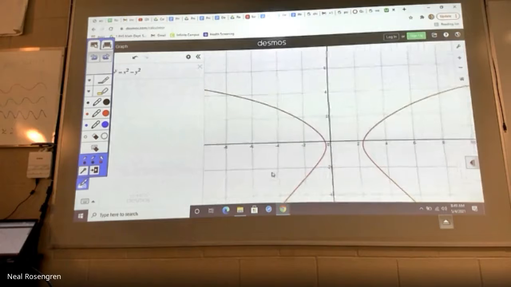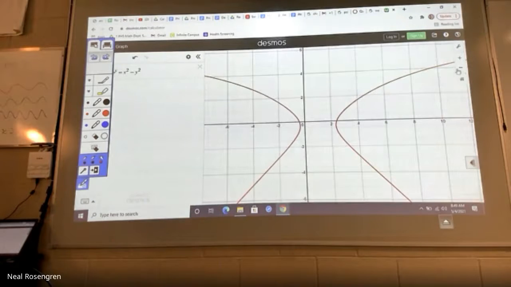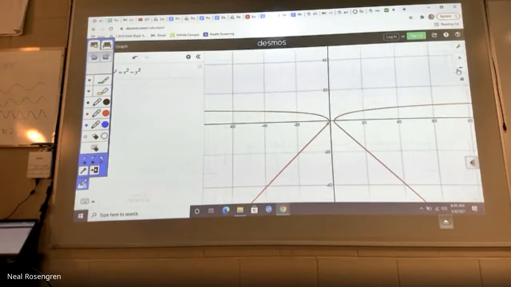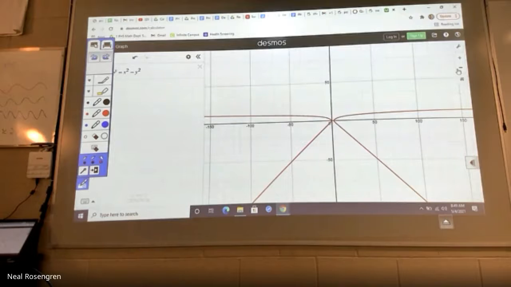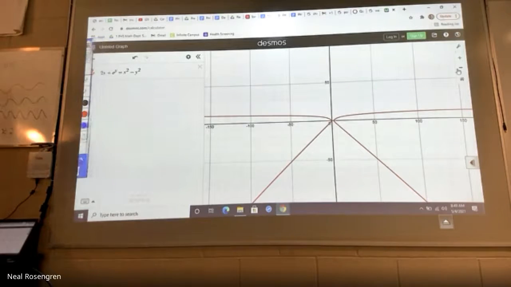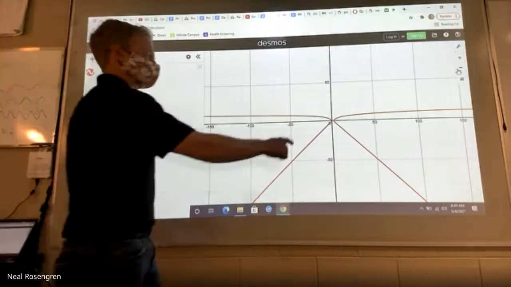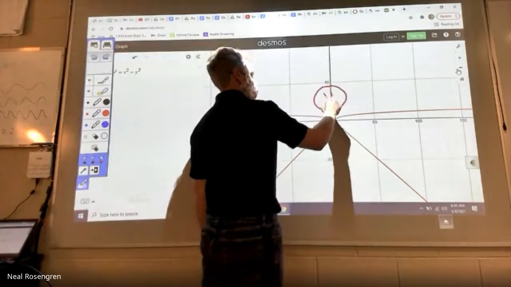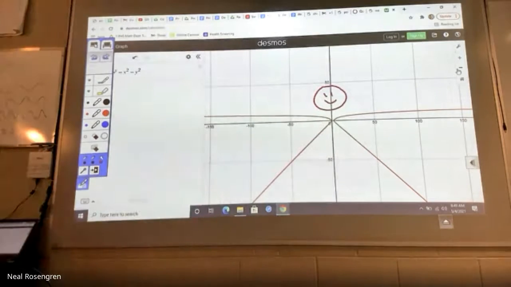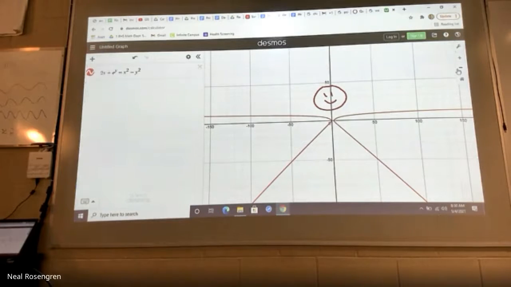Nice. And obviously this isn't a function, right? It's never going to pass the vertical line test. There's some spaces where things are undefined. That's cool too. There we go.